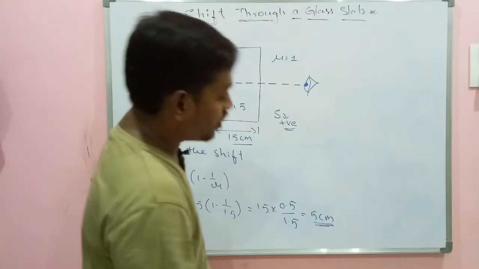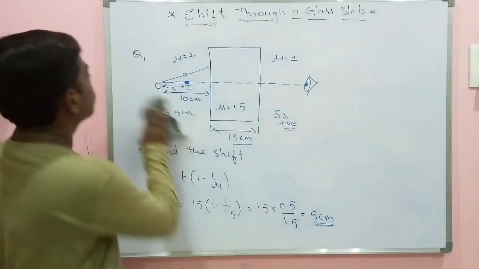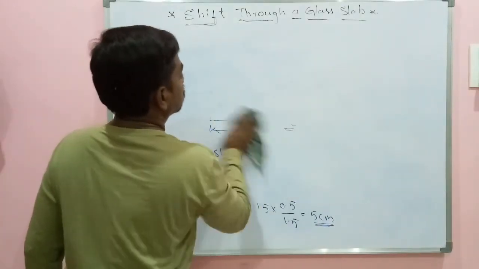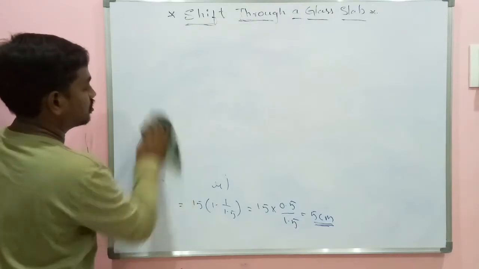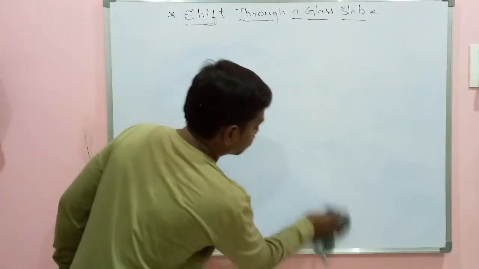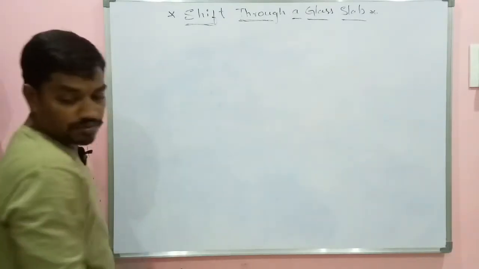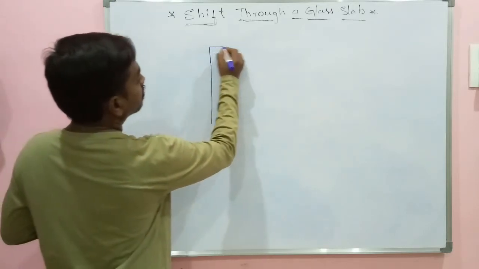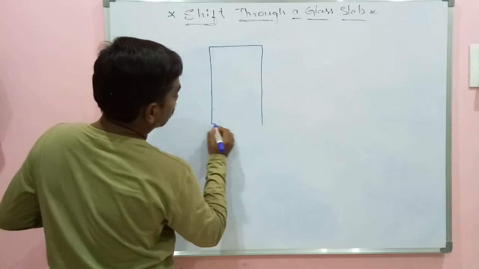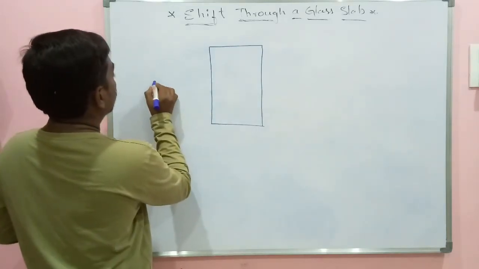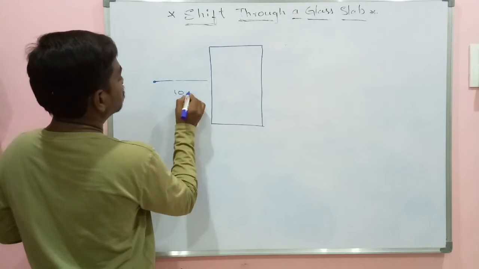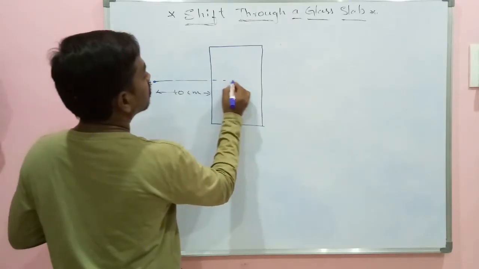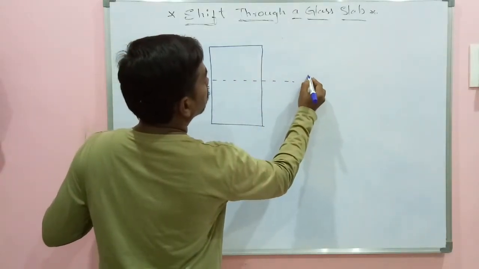The same problem, if you take in some other type, you take a glass slab, an object is placed at the same 10 centimeters, O object, and from here I am seeing the object.